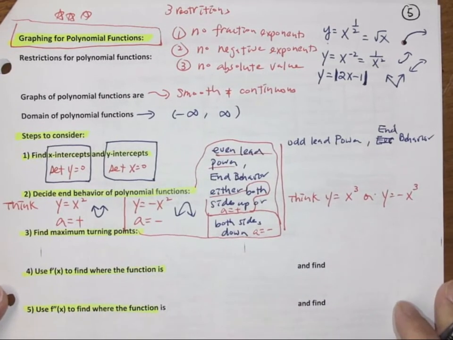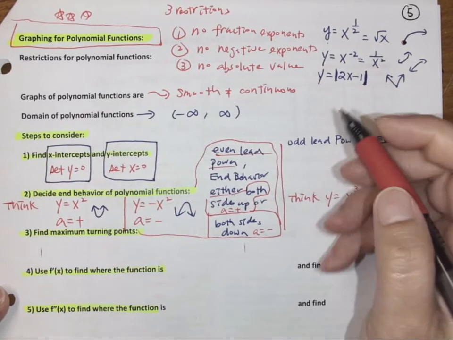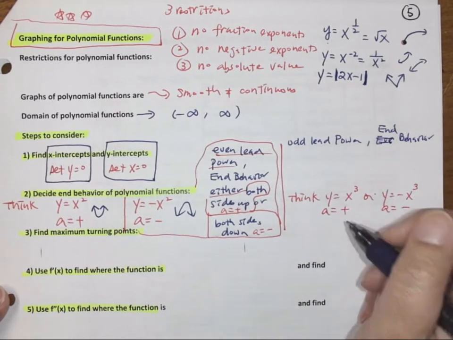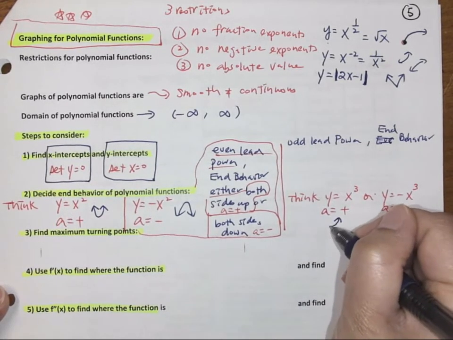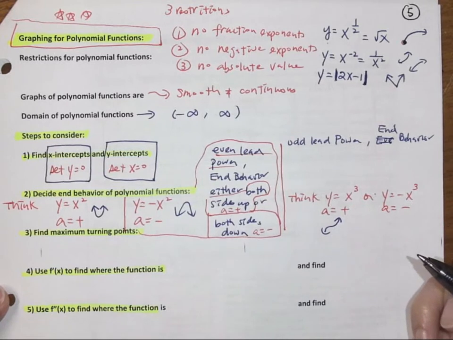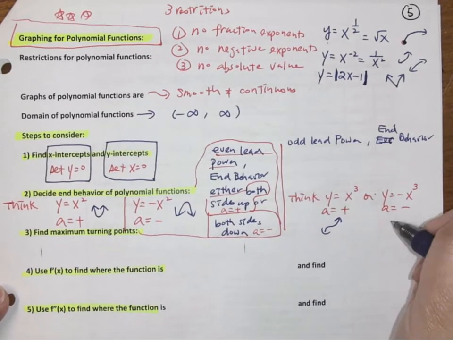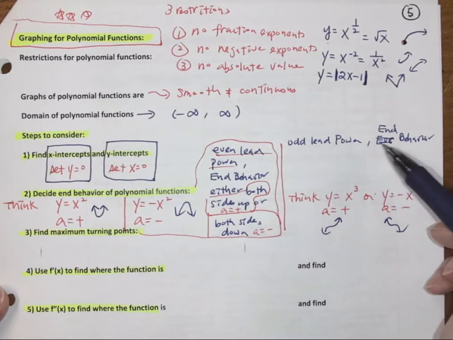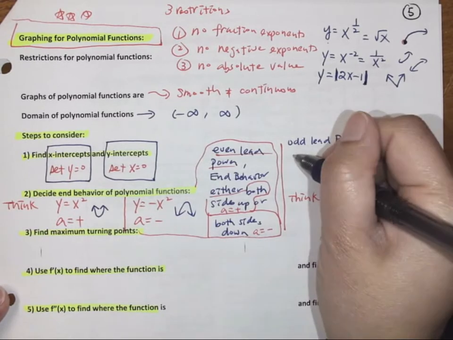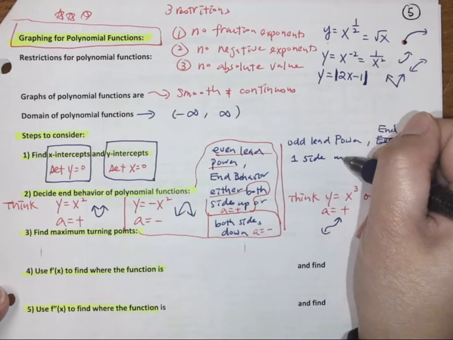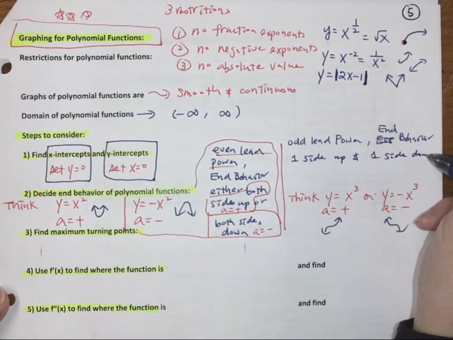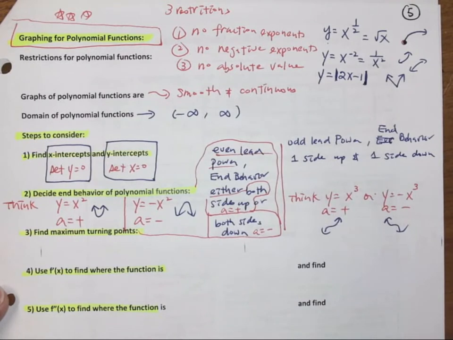So y equal to x cubed is just a regular S-curve with a positive for this one, a negative for this one. So with odd leading power, a positive, right side up, left side down. And if a is negative, it's going to flip. So the end behavior would be one side up and one side down, depending on the a value.